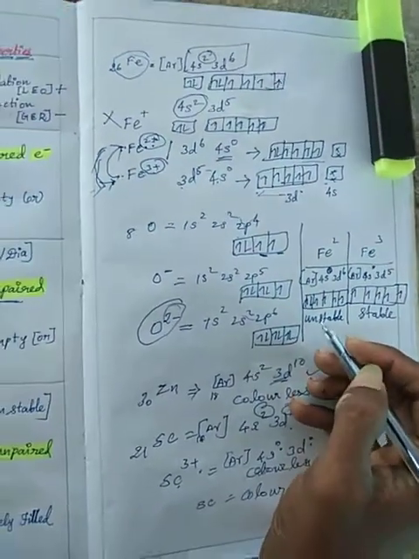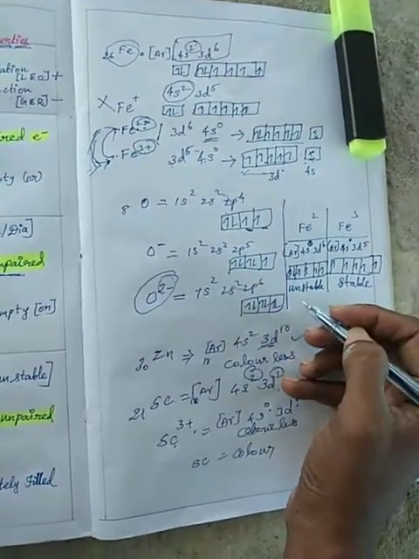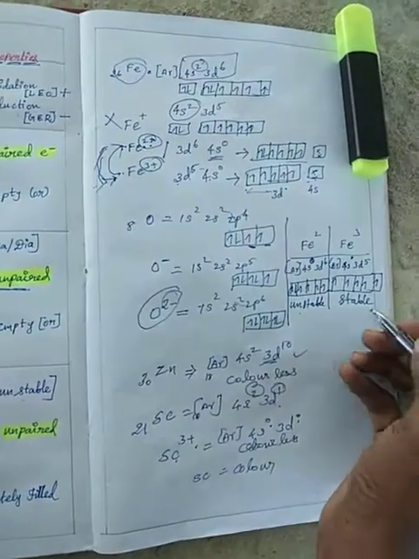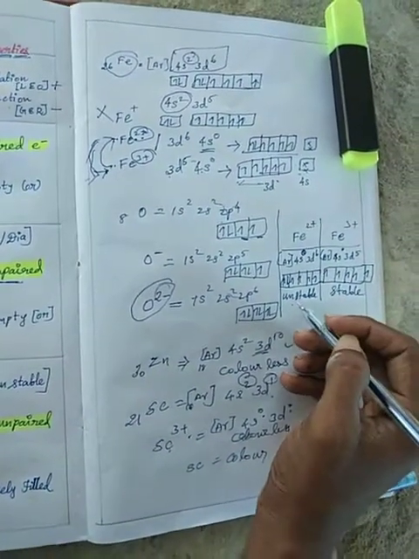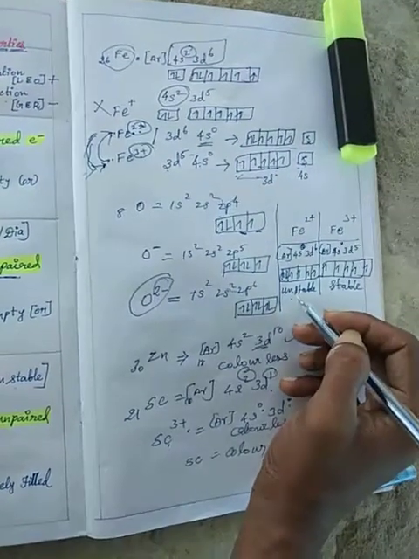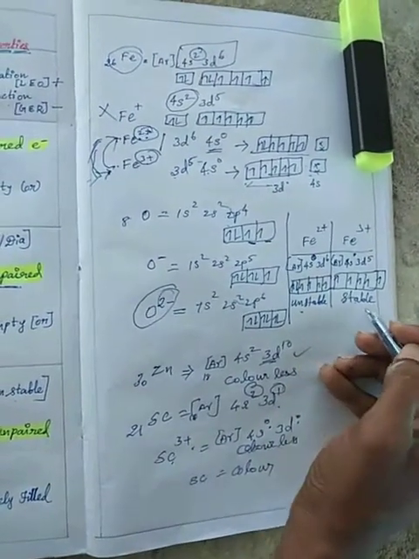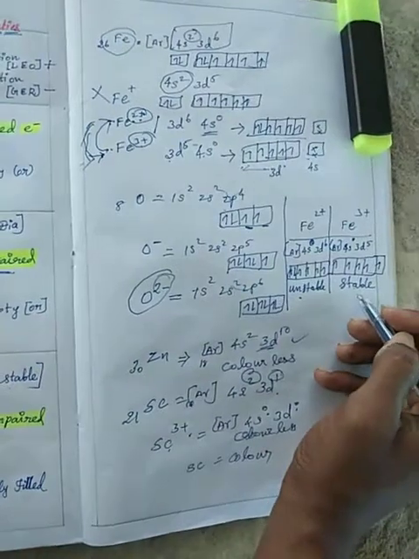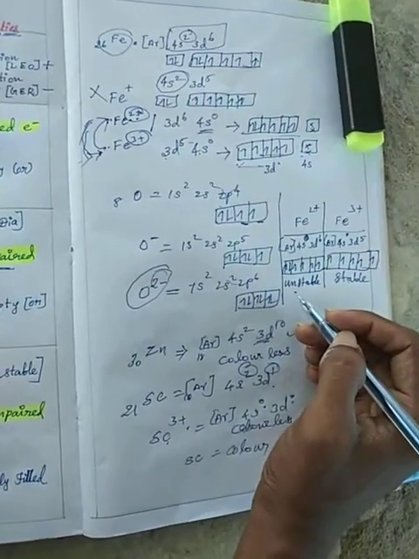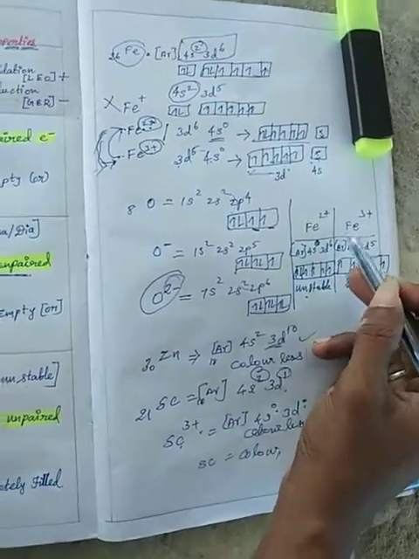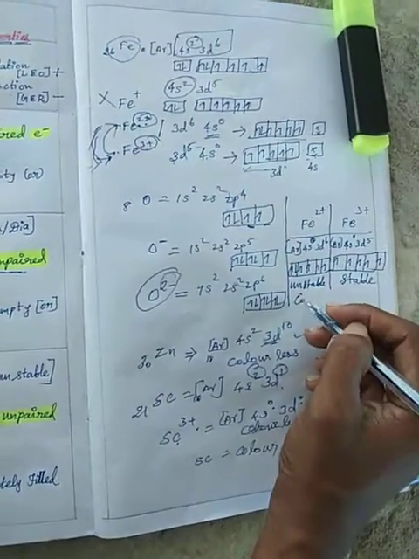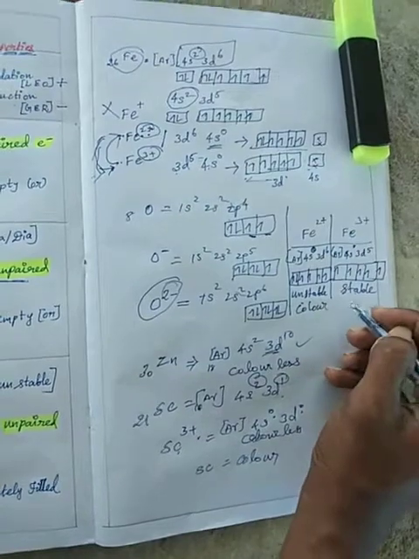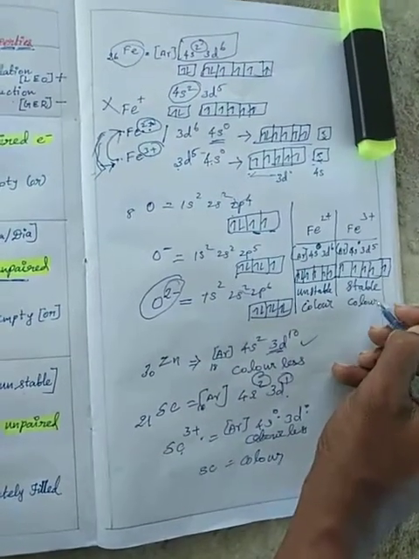For that complex, the four properties apply, the loss of electrons being oxidation. Fe2 plus and Fe3 plus compared for stability first: Fe2 plus is unstable, Fe3 plus is stable. Compared for the color property, both lose electrons, both have unpaired electrons, so that ion is colored and the other ion is also colored.